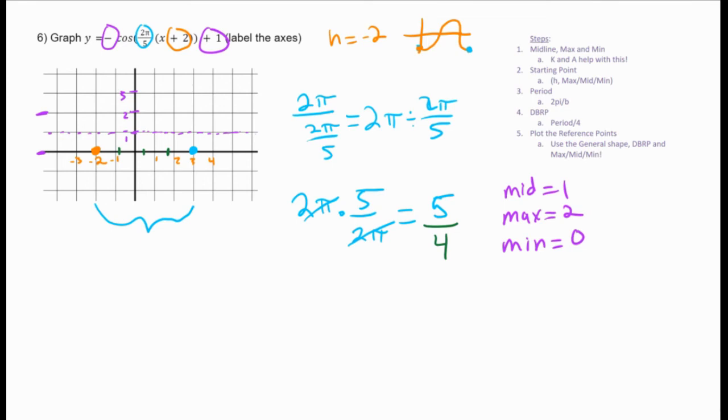And now I just use the general shape. If we look back up at the top right here, we're starting at the minimum, then my next reference point goes through the midline, then to the maximum, back to the midline, and then my minimum. So I'm going to plot those points here on my graph and sketch that graph.